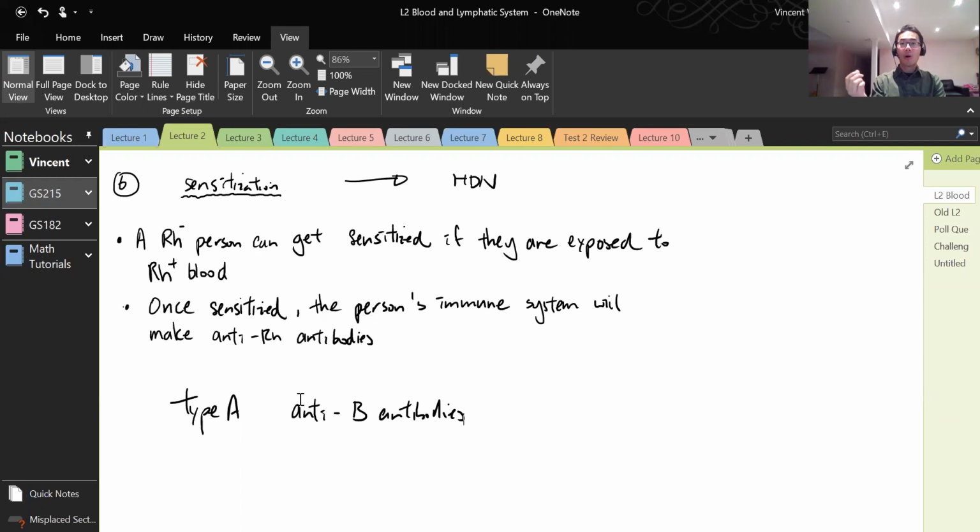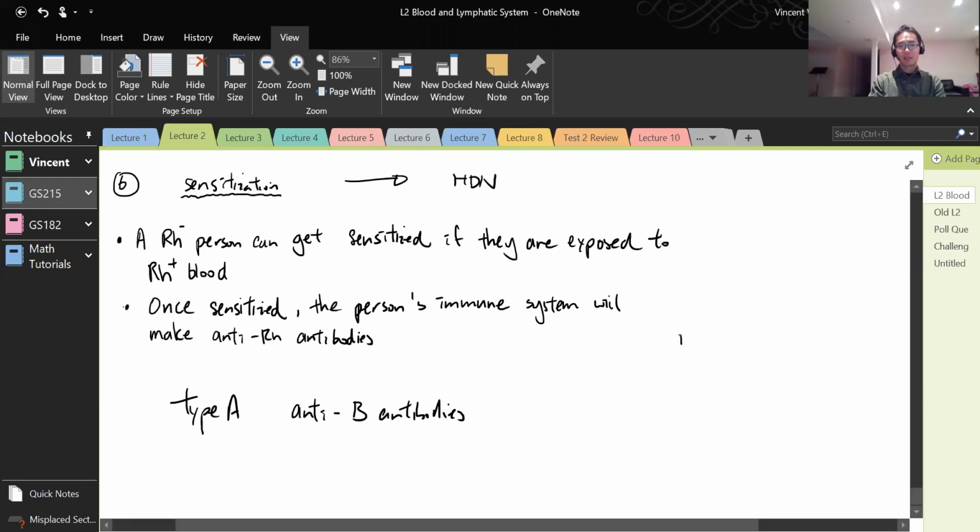Okay, so RH is the same thing. Even though RH is a blood group, unlike the ABO, where you are born with the antibodies, for RH, you will not make those antibodies until you are exposed to it. Okay, so who makes RH antibodies? The positive people or the negative people?